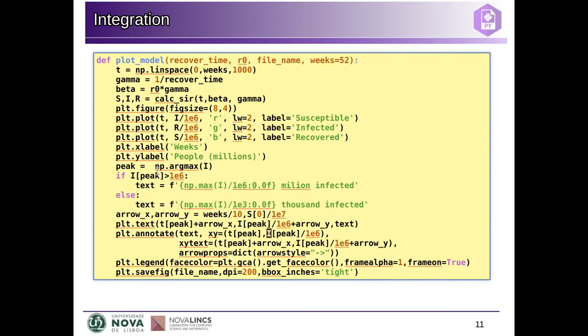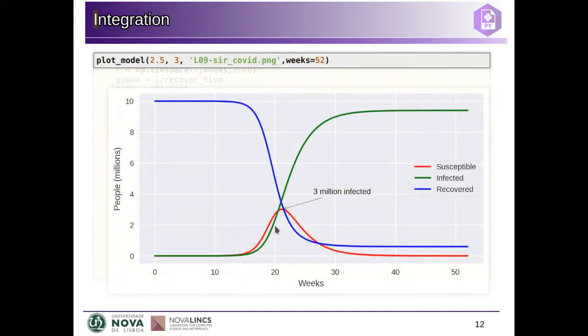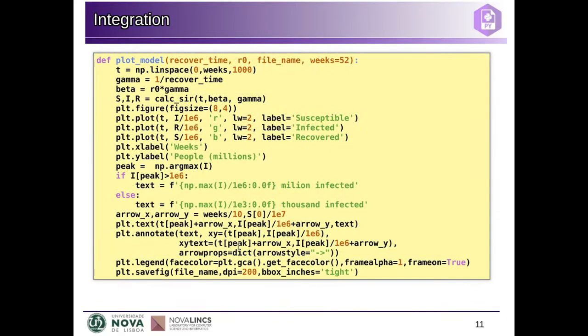And this peak is the maximum number of infected. So we are going to point to the peak of this red curve here, which corresponds to the infected ones. And we can do this by annotating with some text. We set the coordinates, and then we tell what arrow we're going to create.